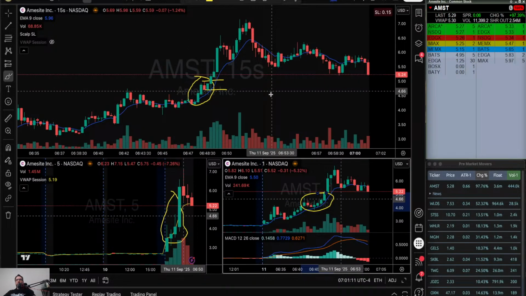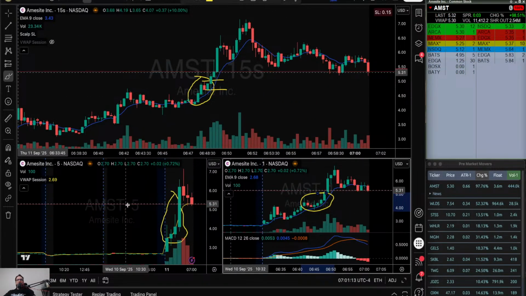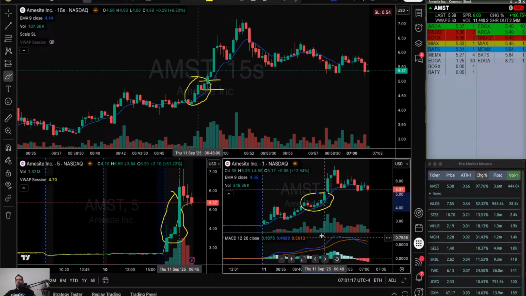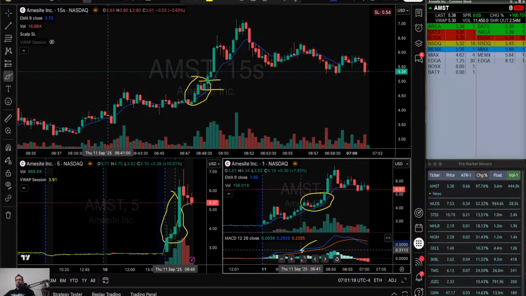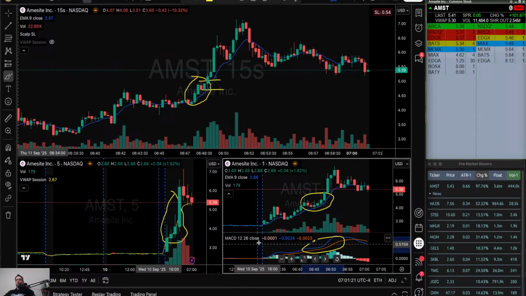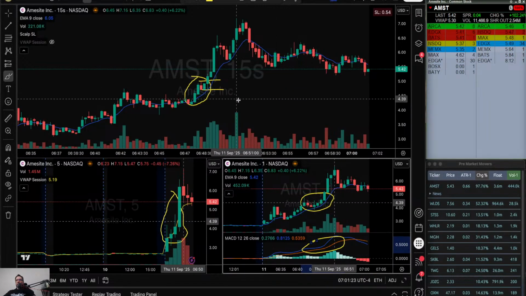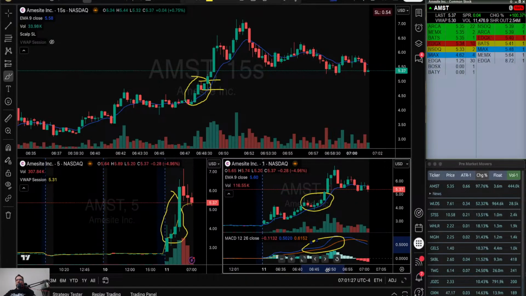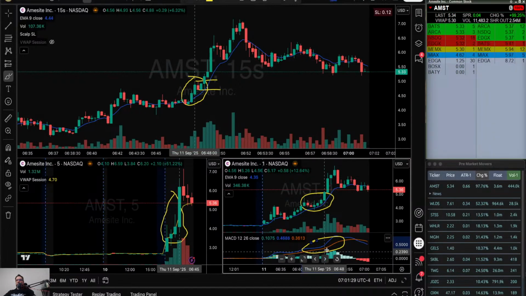Up here, this is a 15-second chart. This is a 5 minute bottom left, bottom right is a 1 minute chart. Also, if you look, you'll see that the MACD is sloping upwards and it's positive.